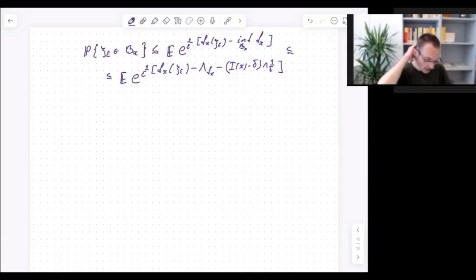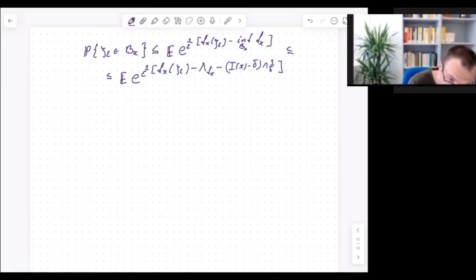Our goal is to prove the large deviation principle. What we did here is replace this probability by the expectation of e to some power, where in this power you see a function f computed at psi epsilon. And we know what the limit of this expression is, according to the assumption of the statement. So we can use that.